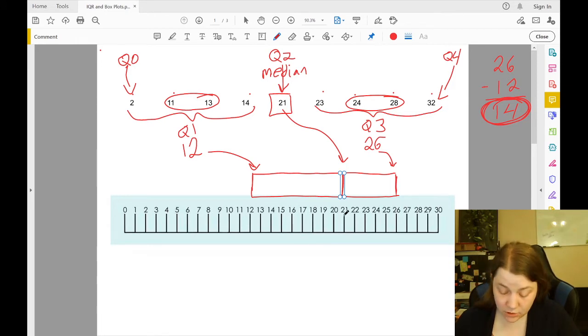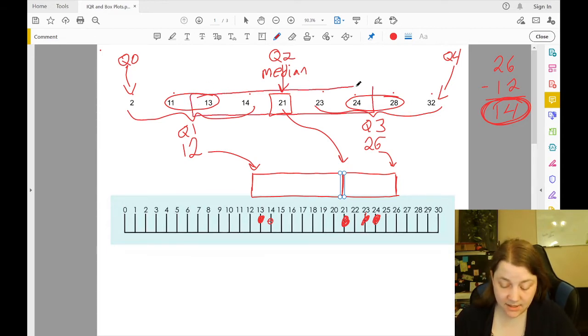We had 21, we had 14, and we had 13. We also had 23 and 24. And you can see I've only put the numbers that are inside this box right now.